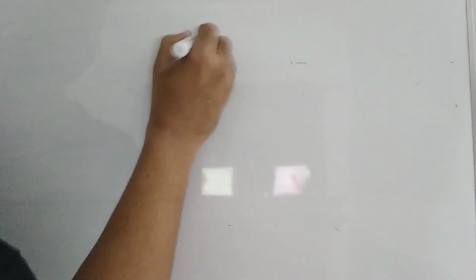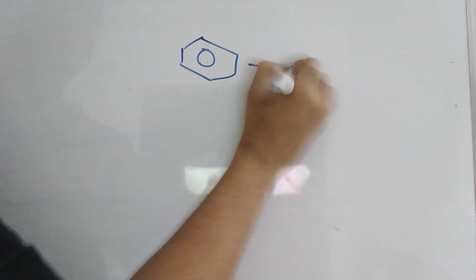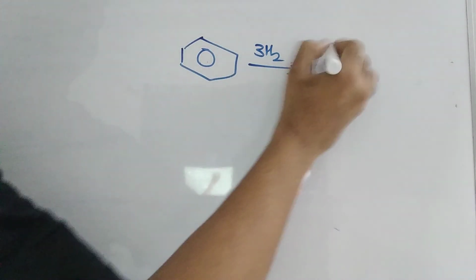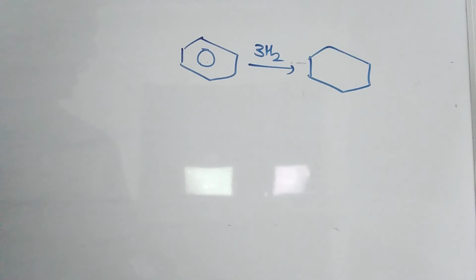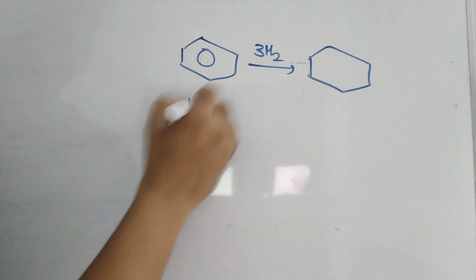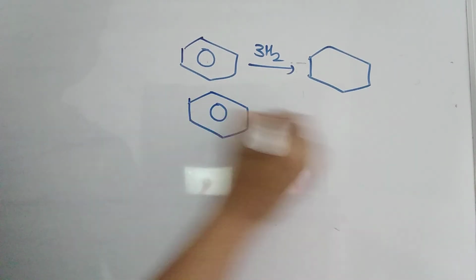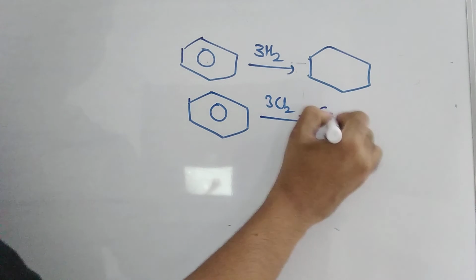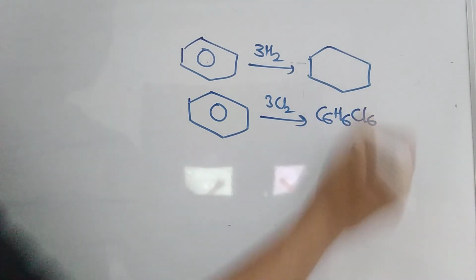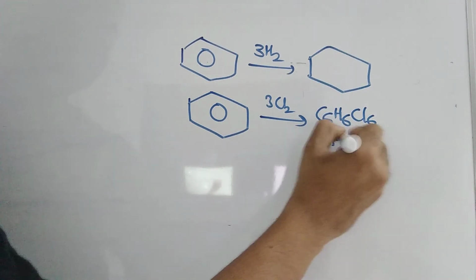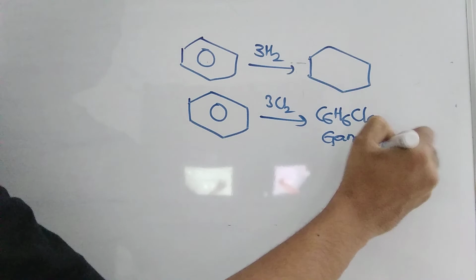Then, three addition reactions of benzene are important. Benzene reacts with 3 moles of hydrogen in the presence of nickel, palladium, or platinum, and cyclohexane is formed. Benzene reacts with 3 moles of chlorine to form C6H6Cl6, which we call gammexane, hexachlorocyclohexane.